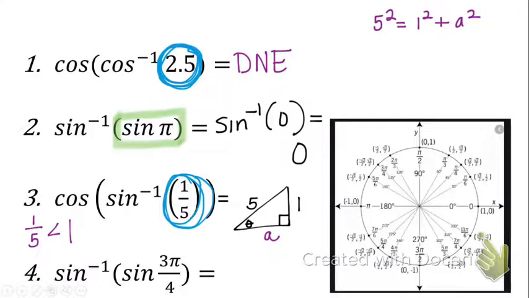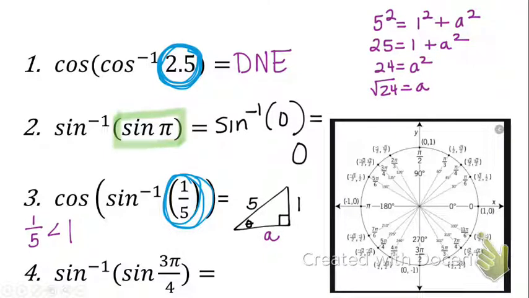So I'm doing it at the top. Remember, 5 has to be your hypotenuse. So 5 has to be C in the Pythagorean Theorem. So that's 25 equals 1 plus A squared. 24 equals A squared. The square root of 24 equals A.